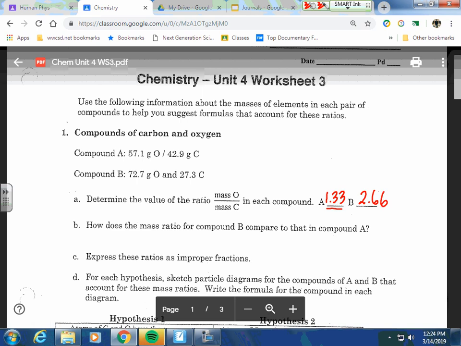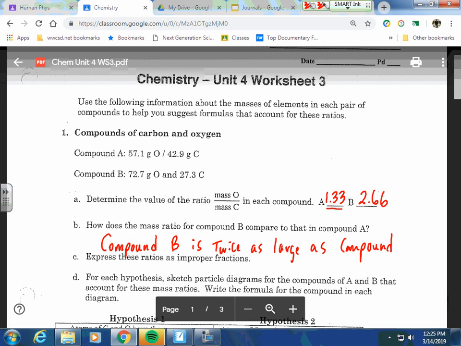How does the mass ratio, this thing that we figured out in number 4, how does that compare for compound B? How does that compare to compound A? Compound B is what? Yeah, compound B is twice as large as compound A.